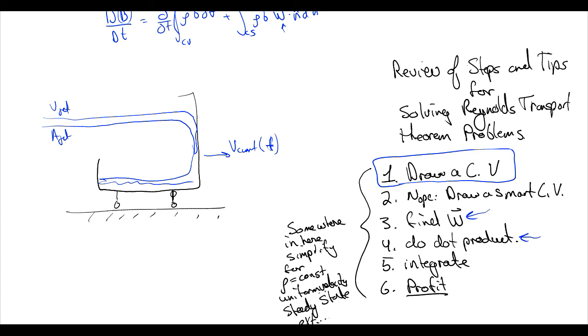Do the dot product. Hopefully it's easy. And then integrate. Hopefully we can assume density is constant and velocity uniform. And after that, done. We've solved the problem and we can win. Good deal.